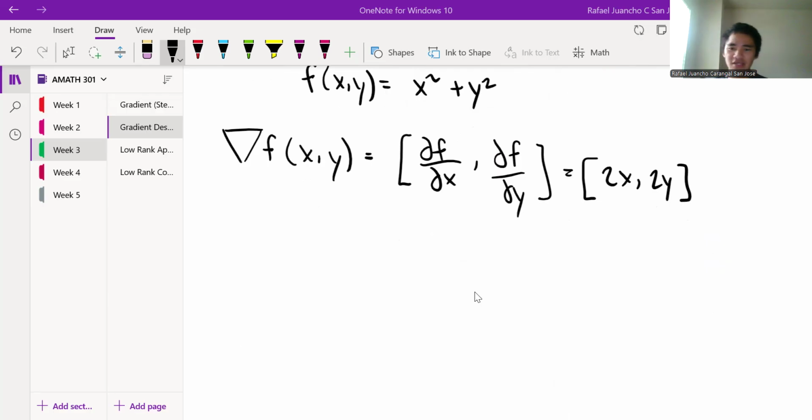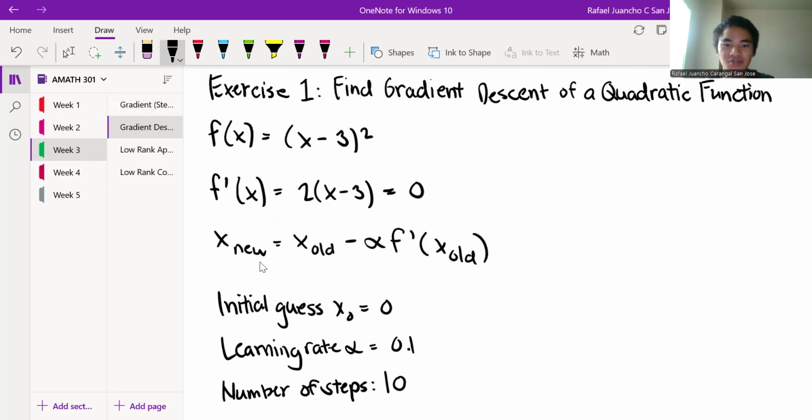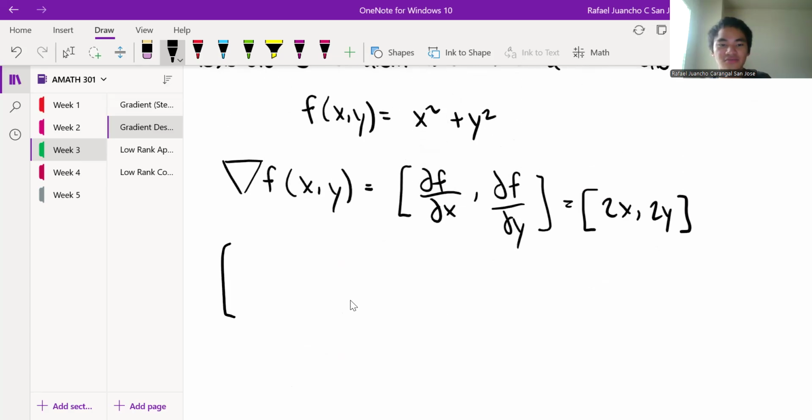So here's how our gradient descent update rule is going to be. Remember how we did x new equals x old minus the learning rate alpha times its derivative? So here's how we're going to update it. We have our new xy value.